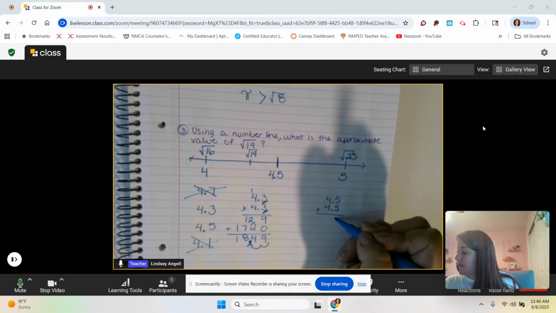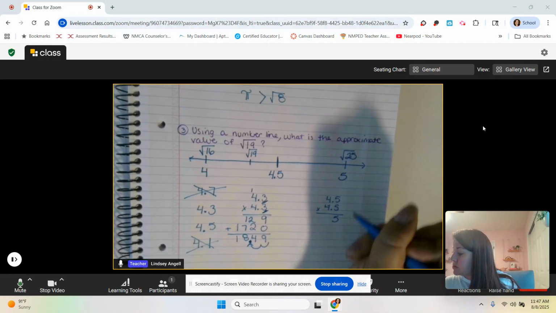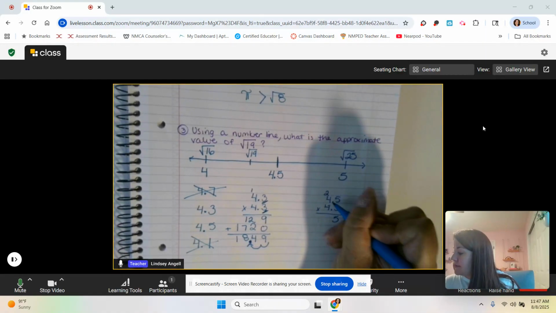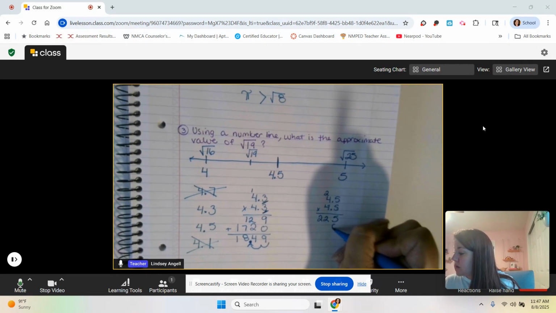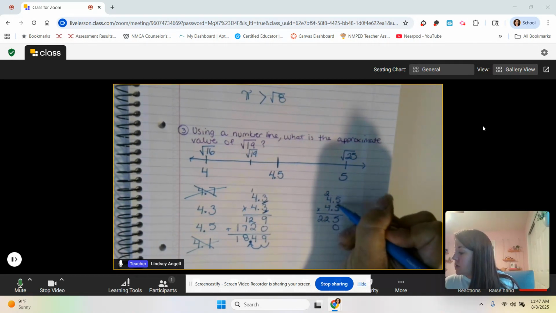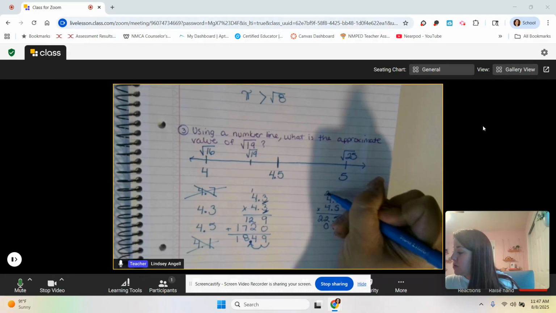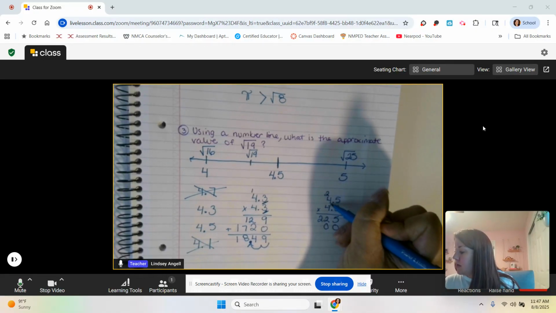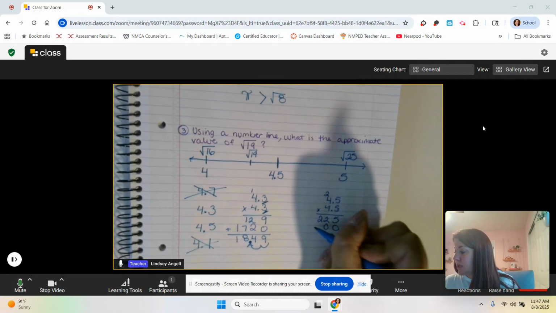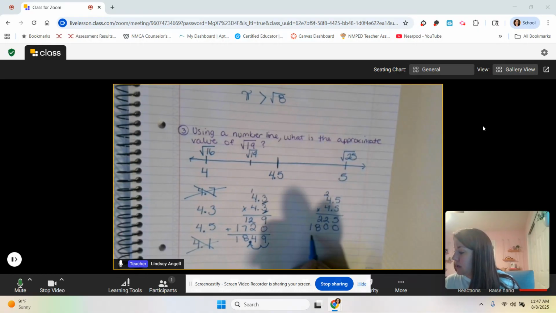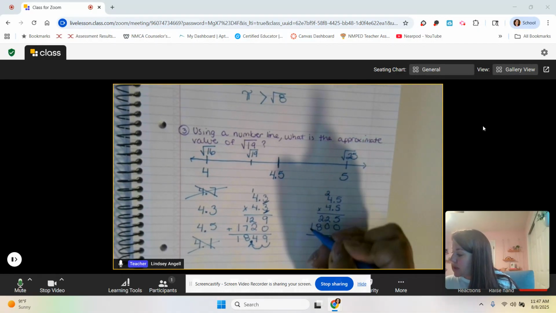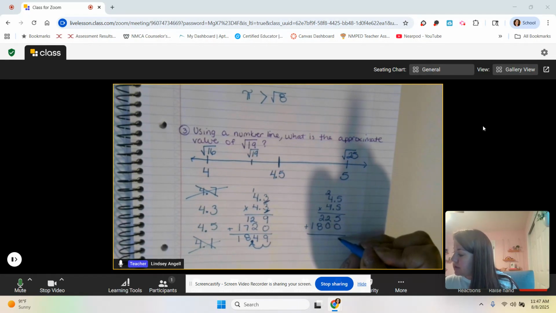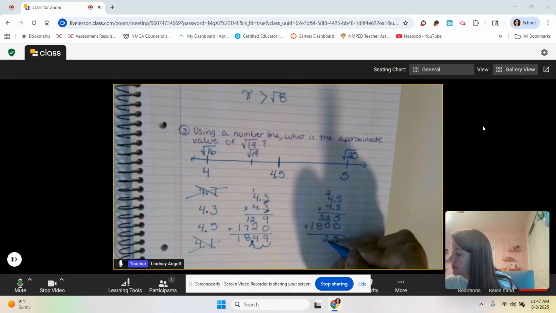So 5 times 5, 25. 5 times 4 is 20. Plus 2 is 22. Annex my 0. 4 times 5 is 20. Drop my 0. Carry my 2. 4 times 4 is 16. Plus 2 is 18. Add them up. 5 plus 0 is 5. 2 plus 0 is 2. 2 plus 8 is 10.